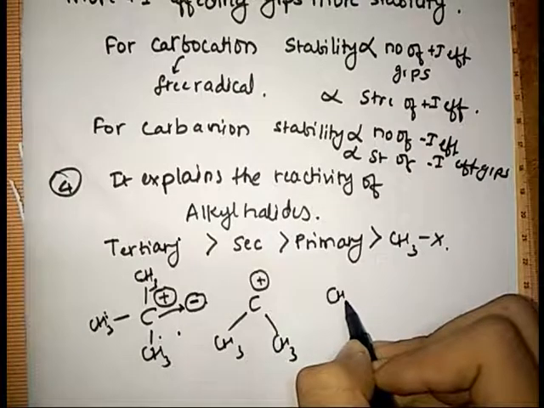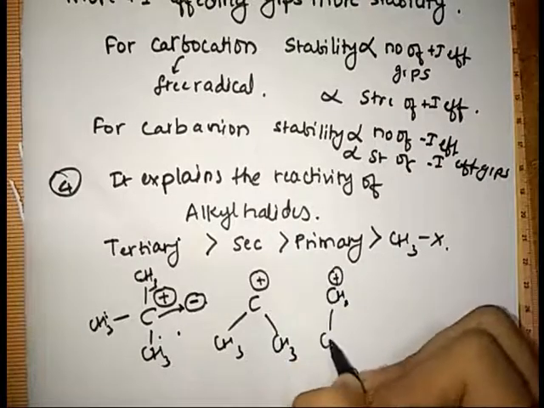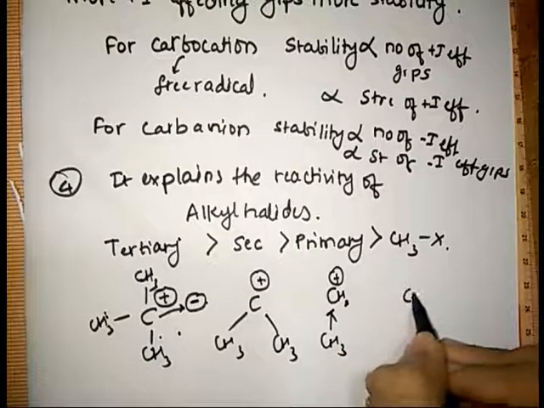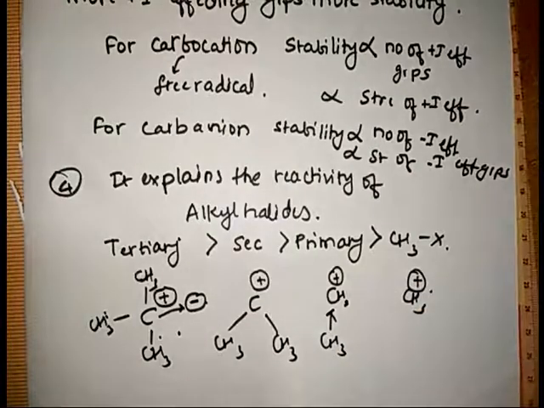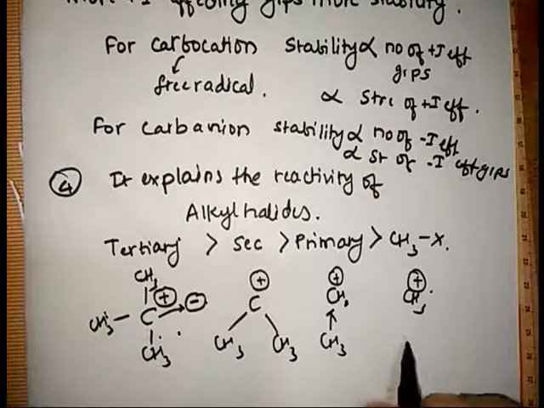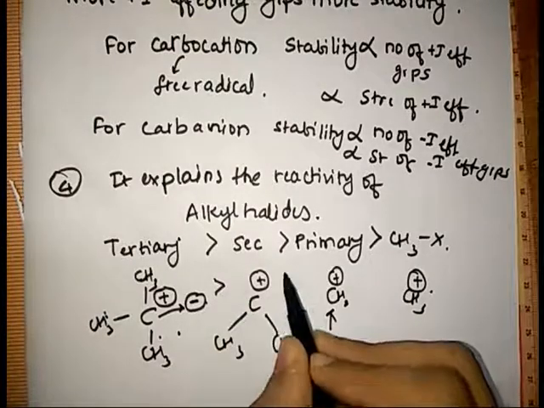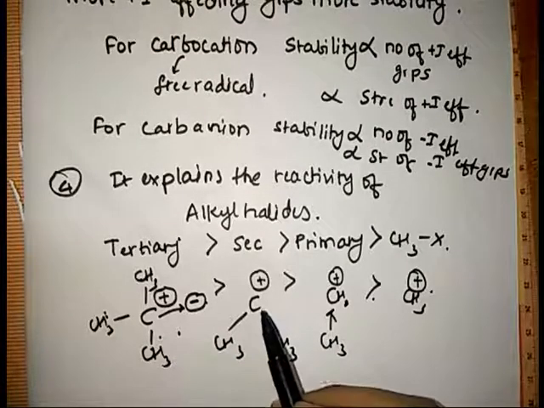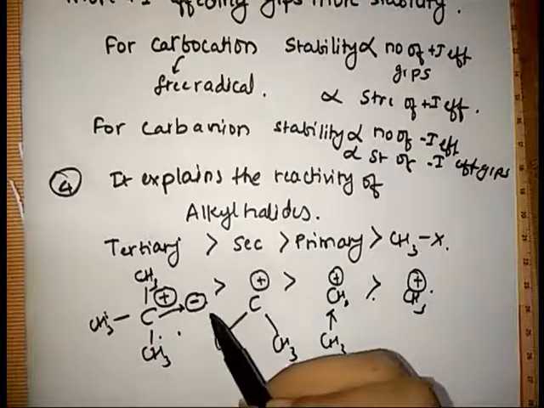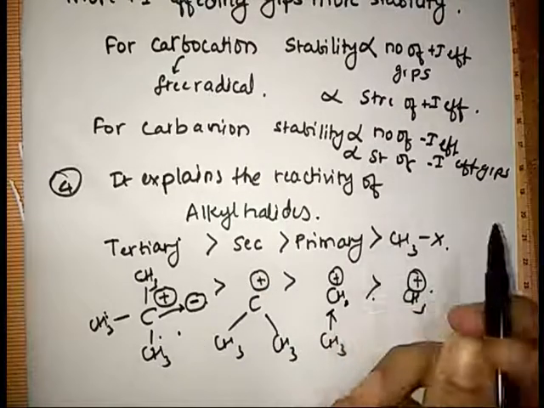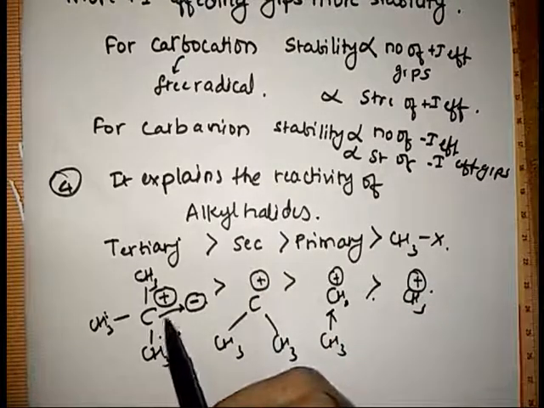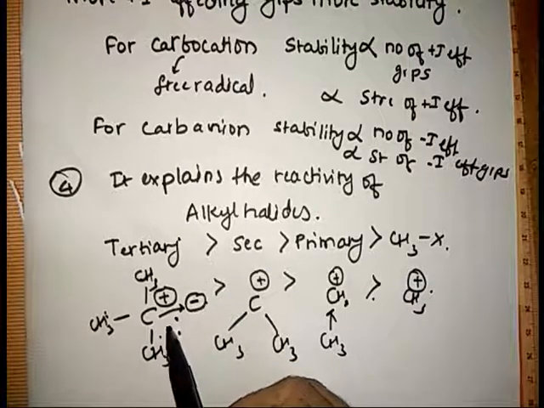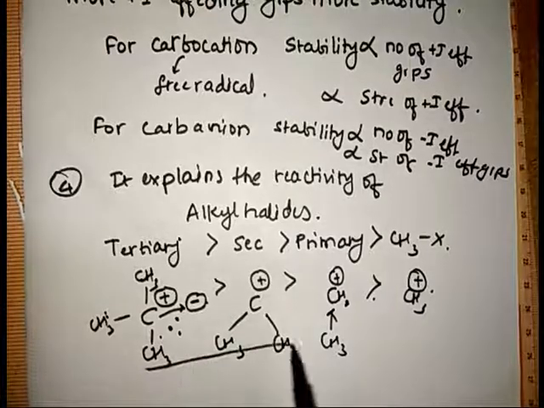Primary is stabilized by one plus I affecting group, and here it is not stabilized by any plus I affecting group. Hence the reactivity: a compound is reactive when it becomes stable after the reaction. So after the reaction this will become a stable carbocation, hence it is more reactive. In this order it will be followed.